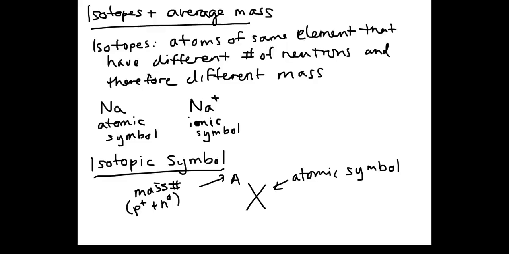And finally, we have our atomic number, which is optional in our isotopic symbol. Can anyone tell me why our atomic number is optional?